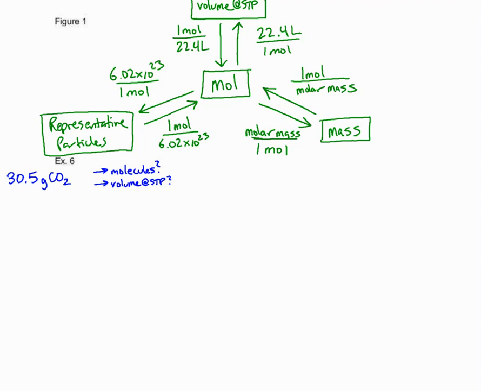So what we're going to do, let's work with going to molecules first. We always start with our given value, and in this situation, it is the 30.5 grams of CO2. And this is going to be a dimensional analysis type problem. The things that we learned early on in the year, they're coming back.